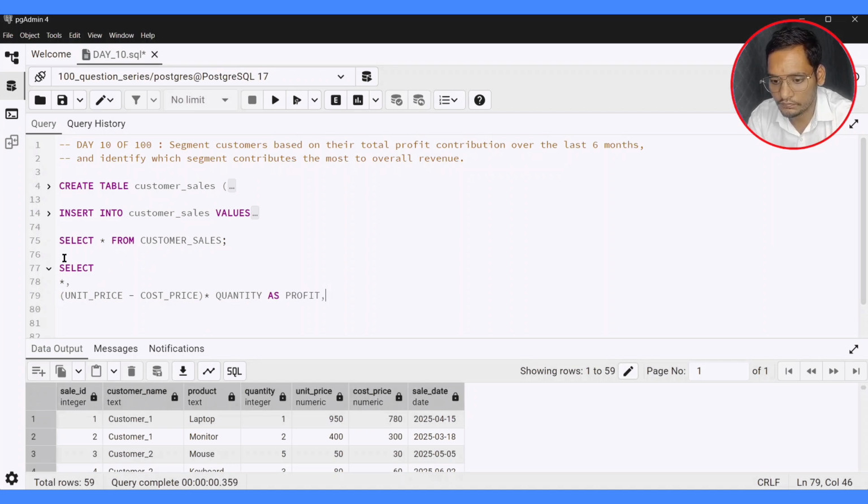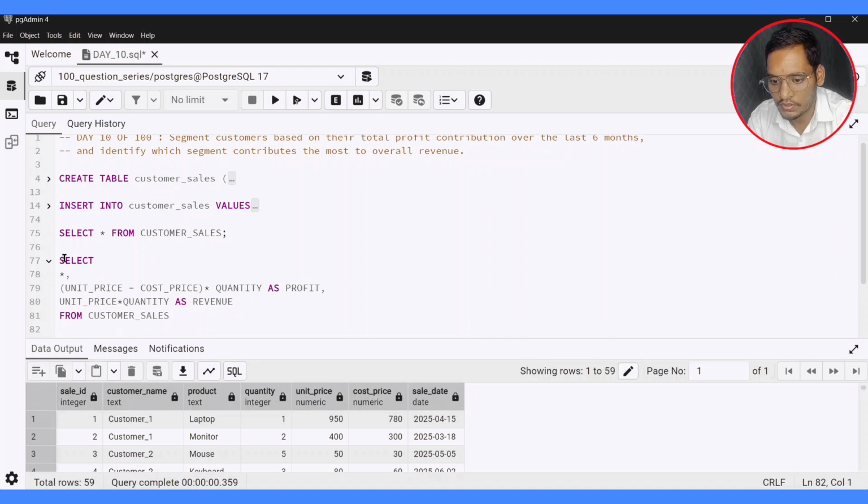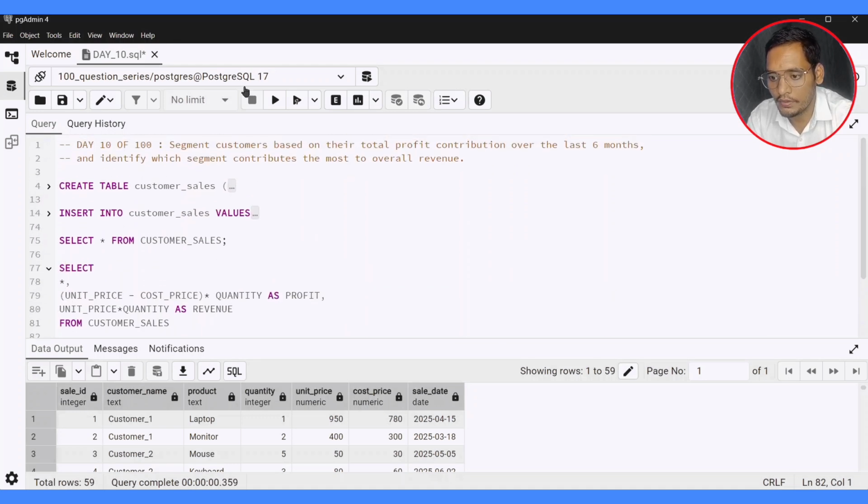Okay, and then I'm going to use unit price multiplied by quantity as revenue from the customer_sales table. And we have to find the revenue and the profit only from the last 6 months.